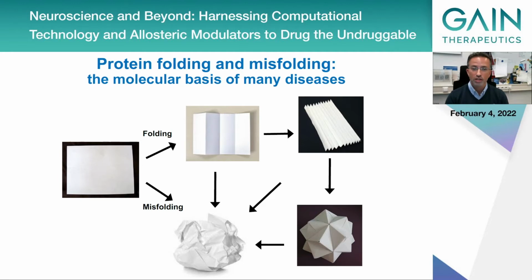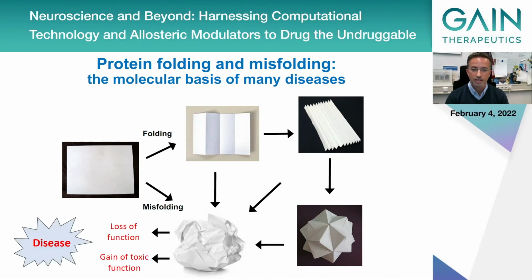But we know that during this process, things can go wrong, and proteins may not adopt the proper folds that they need to adopt, and they misfold, and we know this is not good. This is associated with disease.